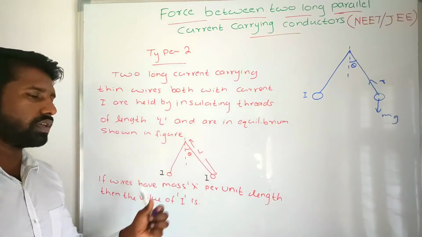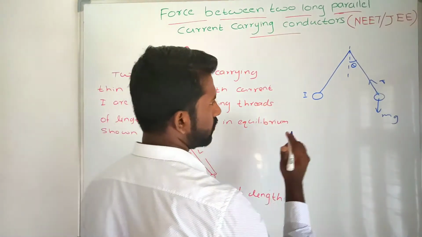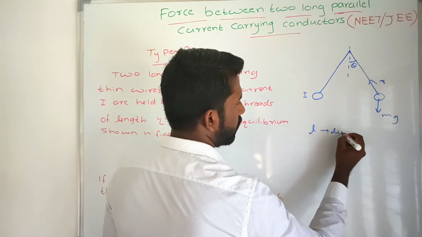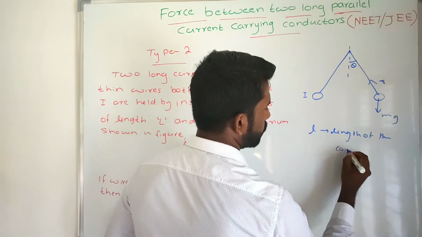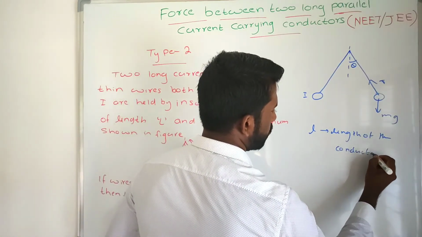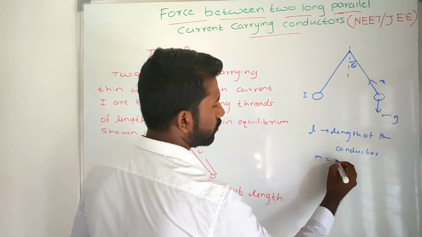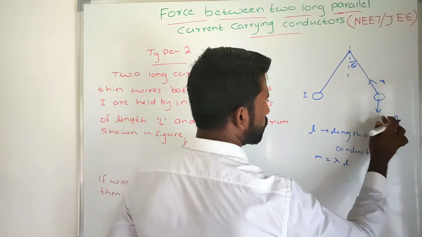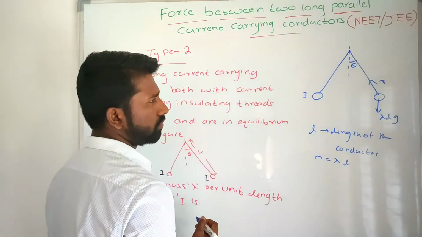It is given that lambda is the mass per unit length, so I consider L as the length of the conductor. If L is the length of the conductor, what about m? m is equal to mass per unit length into L, so I can replace this by lambda into small l.